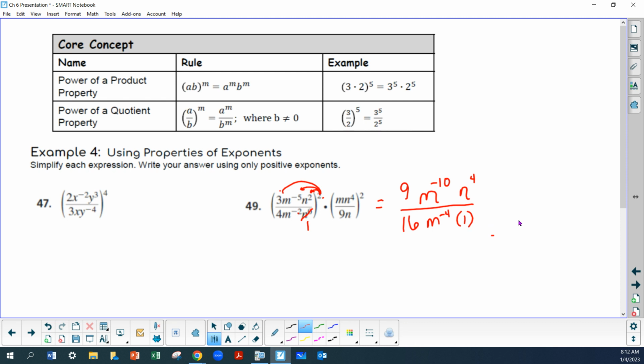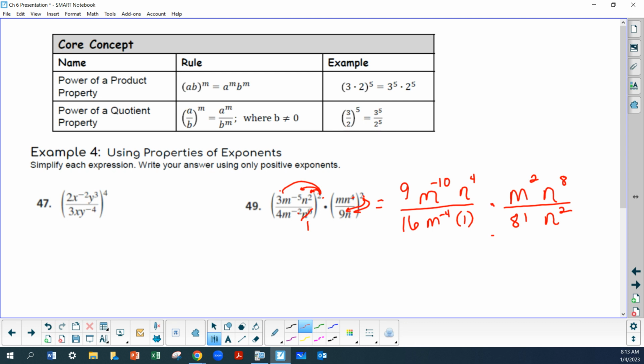All right, moving over to the next thing that it gets multiplied by. I'm going to go m squared n. Power to power means multiply. That'll be n to the 8th. Squaring down below, 9 squared is 81, and then n squared.